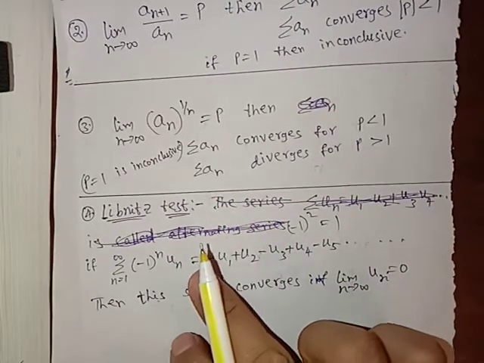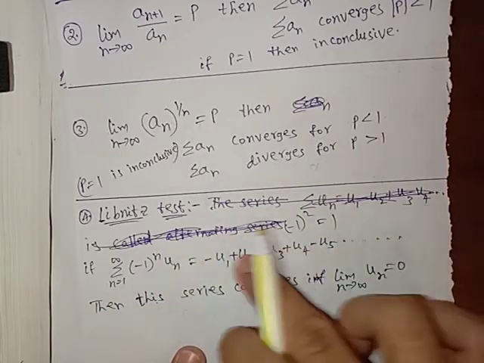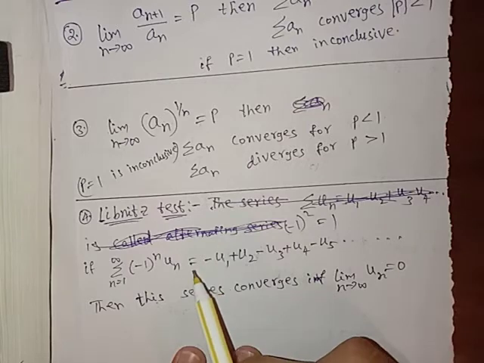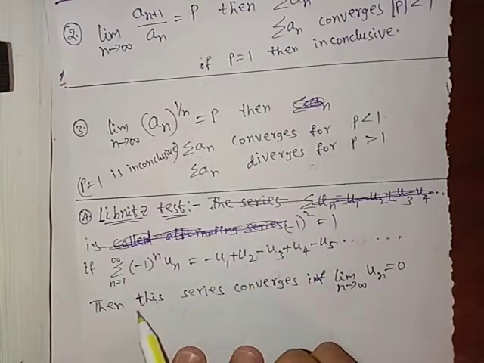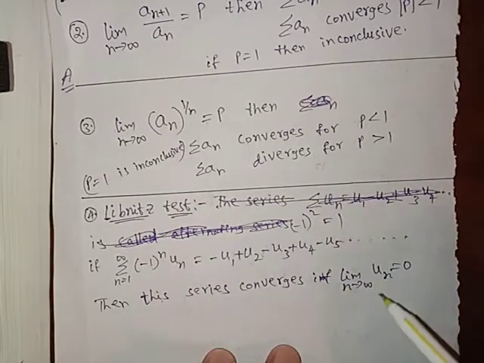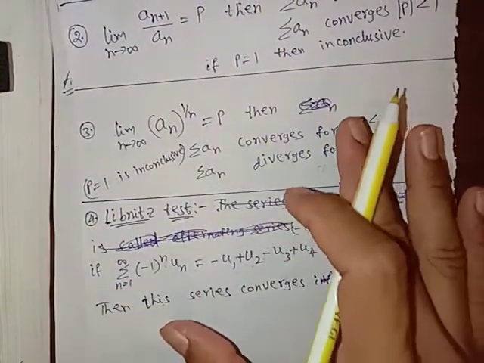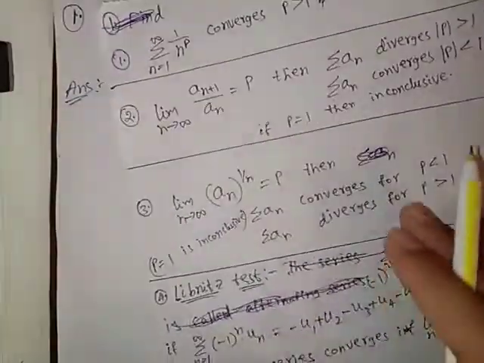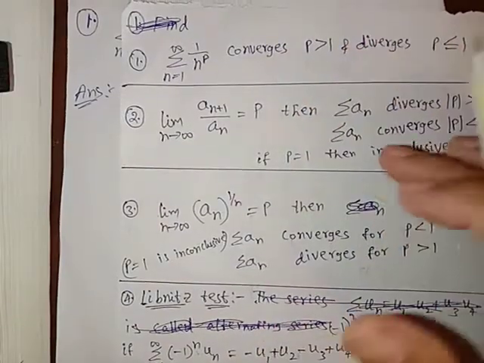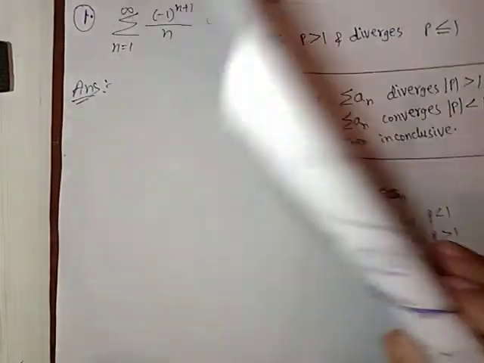It is alternately minus and alternately plus, so this is called an alternating series. For this series, if the limit as n tends to infinity of un is equal to 0, then this series is convergent. So to find the radius of convergence, we have to know these properties of convergence.